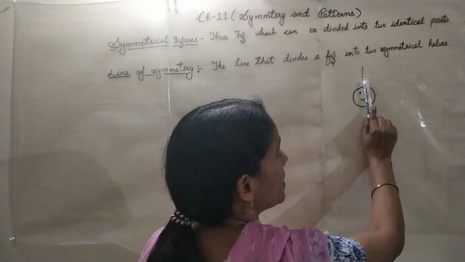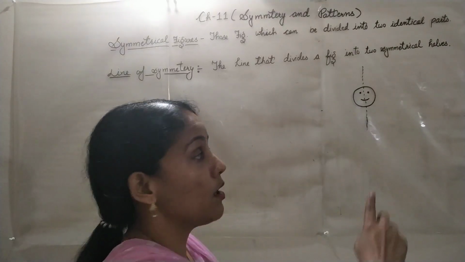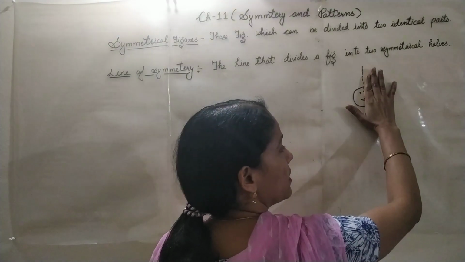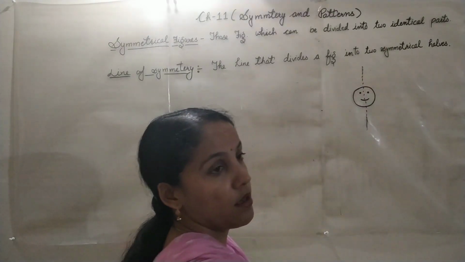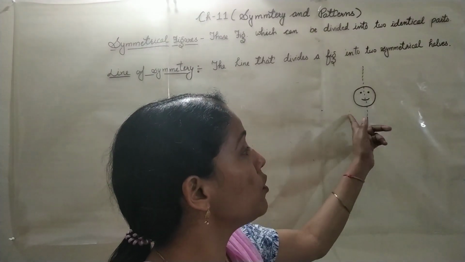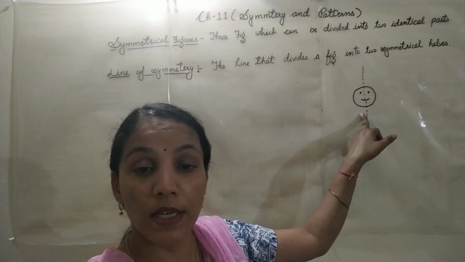Half part of the face is on the left hand side and half part is on the right hand side. Both the parts are identical. One eye is on this side and half lips here. On the other side, one eye and half lips. So both the parts are identical. This is called a symmetrical figure.